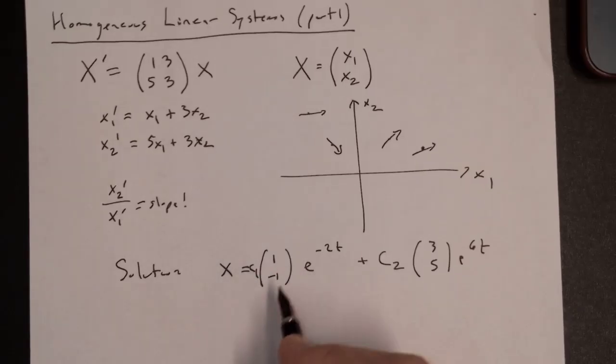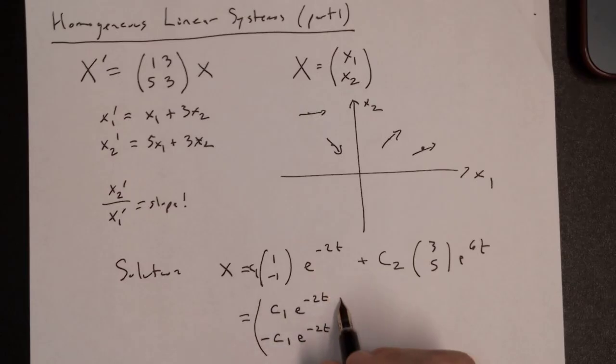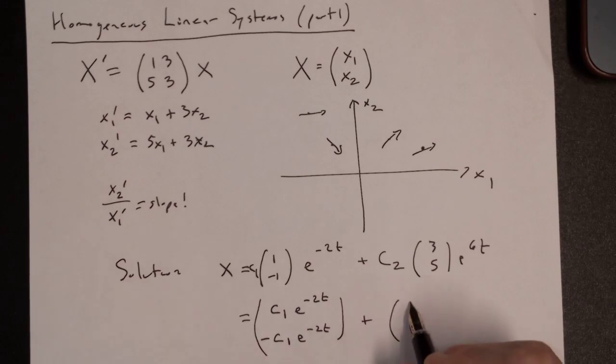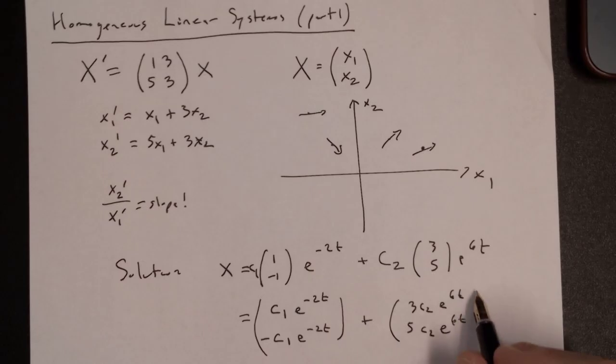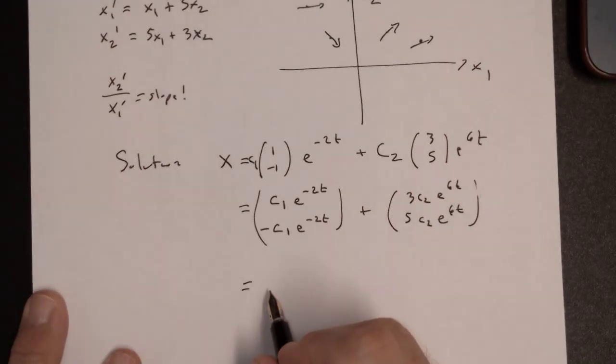I'm going to treat this like it's really a vector on its own. And I'm going to do the same thing here. And then I'll add those together and I get one big vector.